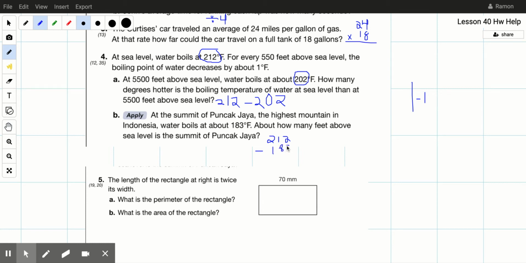Because for every degree, it represents a 550-foot difference in sea level. So all that's left to do is subtract, and once you've done that, you multiply by 550 to find out the height of the summit of Puncak Jaya.